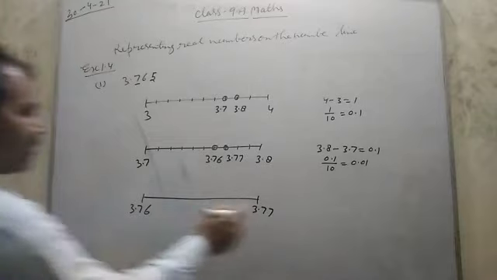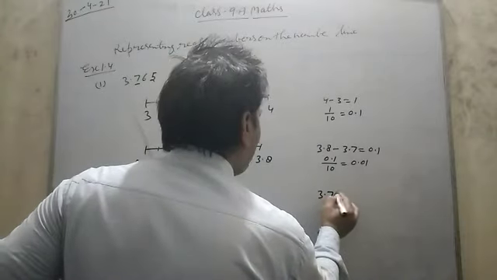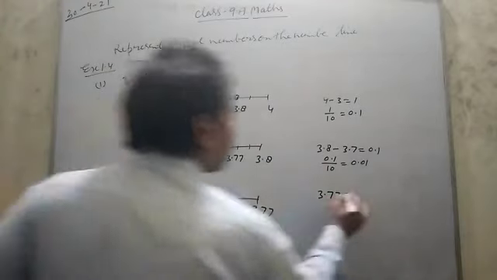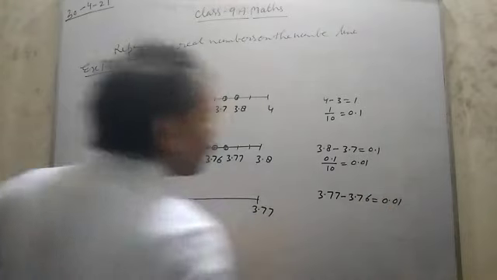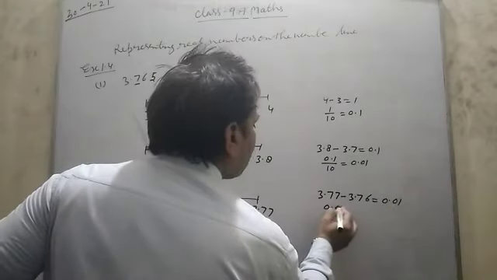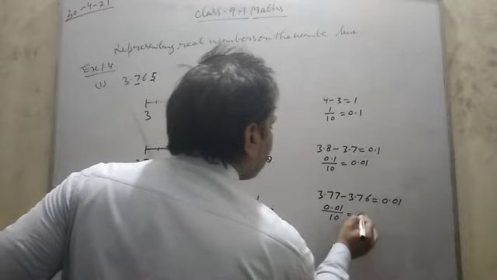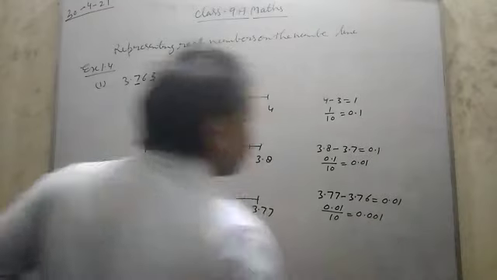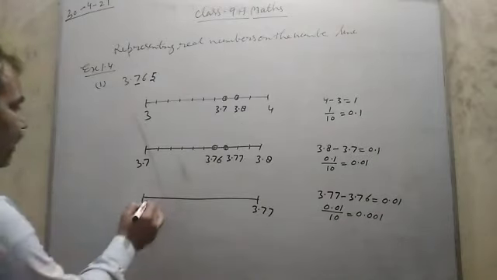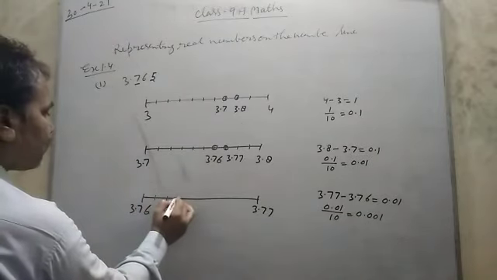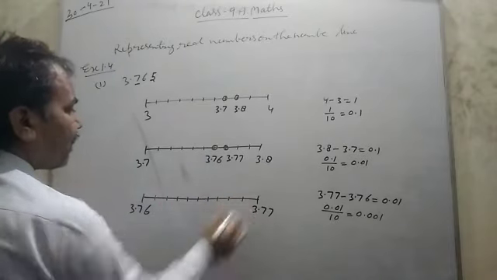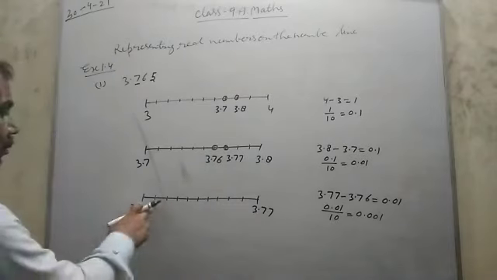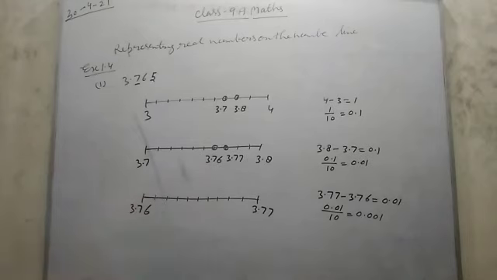So what will be the distance between them? 3.77 minus 3.76 is equal to 0.01. So 0.01 divided by 10 is 0.001. So again divide into 10 equal parts: 1, 2, 3, 4, 5, 6, 7, 8, 9, 10. Okay. So one part will be equal to 0.001.